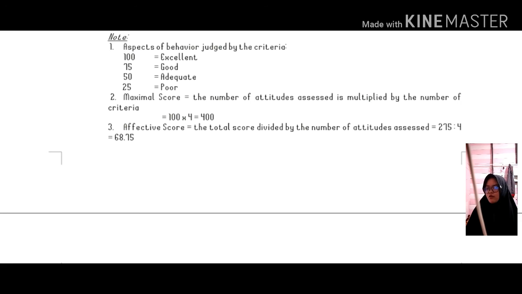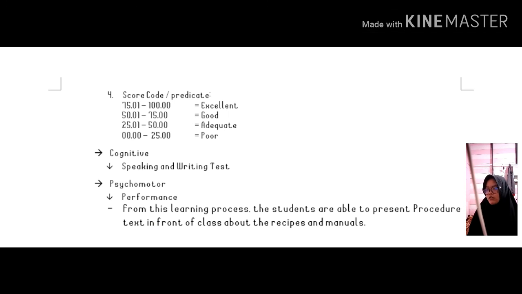And then next is the maximal score. The number of attitude aspects is multiplied by the number of the criteria. So the affective score, the score code or predicate, I mean.